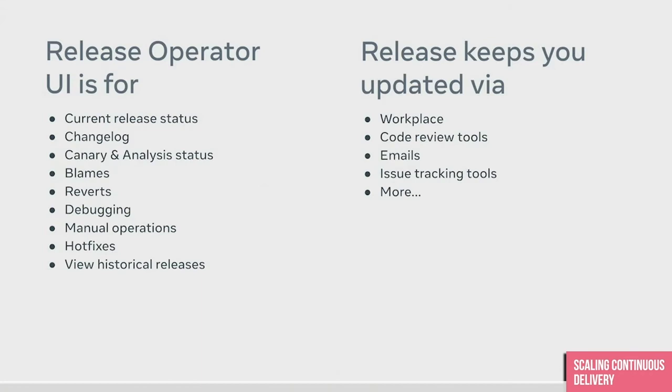Just as an example, if we have reverted someone's commit, we will comment there and say, hey, your commit was reverted, and due to the following reasons, because we found regression X and it was spiking by this number of hits, etc. We will send emails, and we can update the issue tracking tool. If there are very urgent issues, we will create a new task and assign it to the right developer, and more, right?